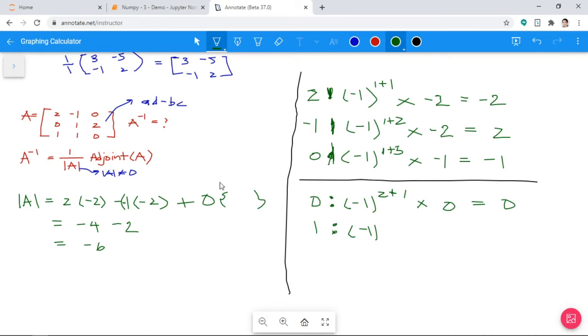So this will be row 2 plus column 2. So we have 2 times 0, then 1 times 0 again, 0 again. So 0 is equivalent to 0. The last one for this row, we have 2.